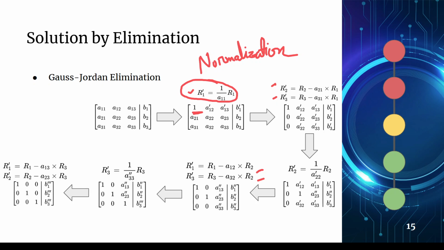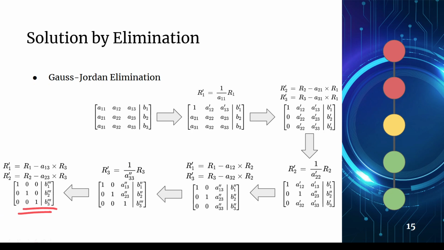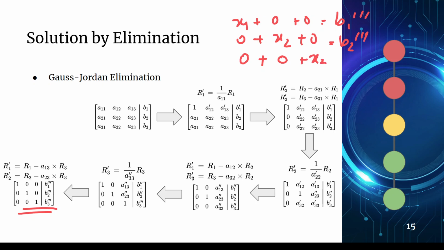After the completion of all these operations, if we look at this matrix, it represents x1 plus 0 plus 0 equals b1 triple prime, 0 plus x2 plus 0 equals b2 triple prime, 0 plus 0 plus x3 equals b3 triple prime.